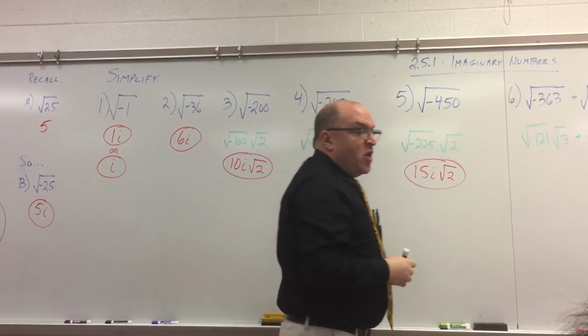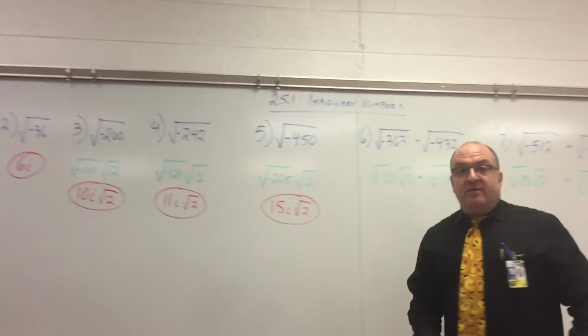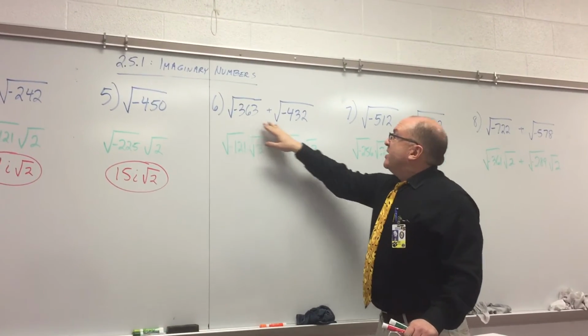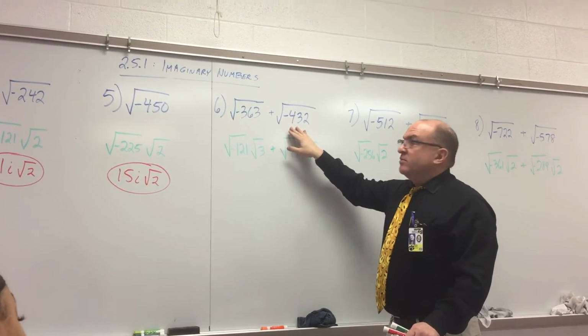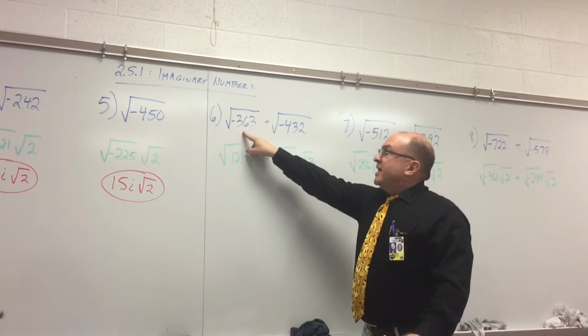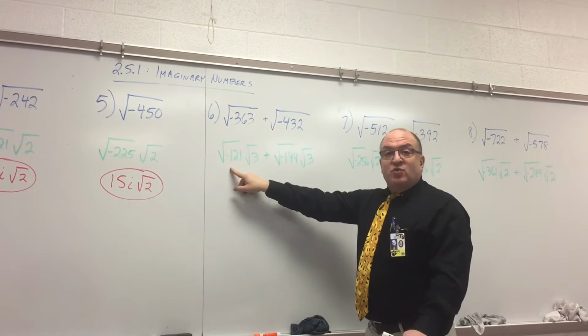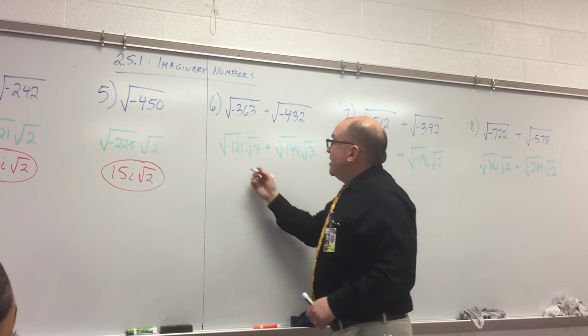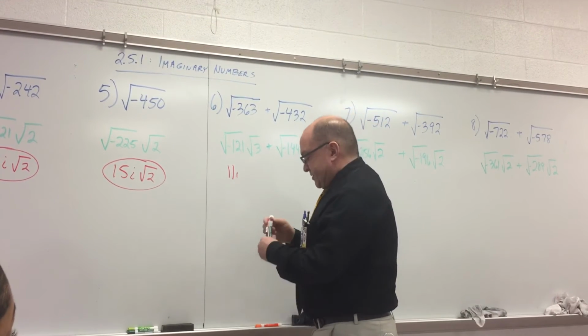Okay? What if we're adding two of them together? All right. Square root of negative 363 plus square root of negative 432. Okay. Square root of negative 363 is square root of negative 121 times square root of 3.